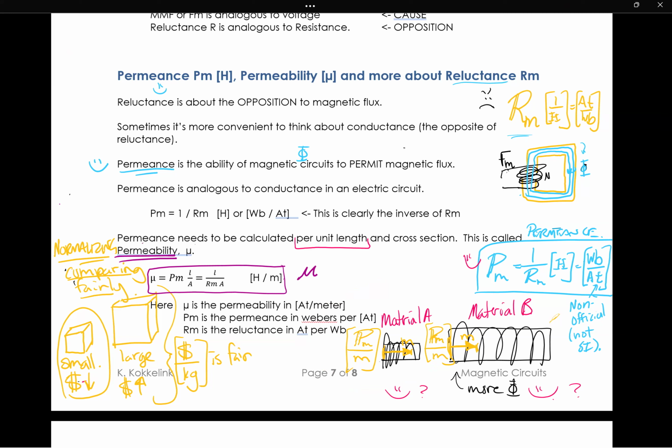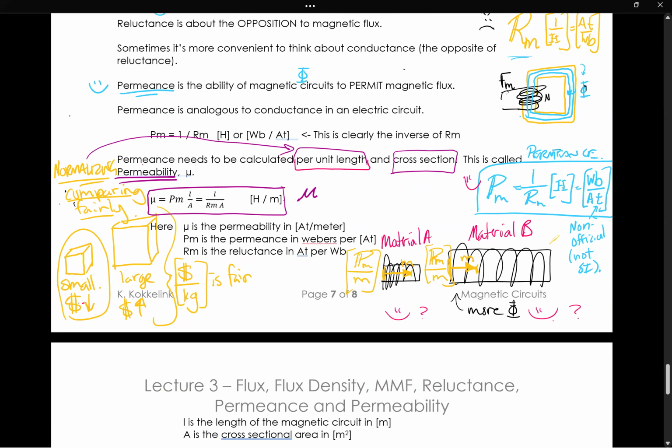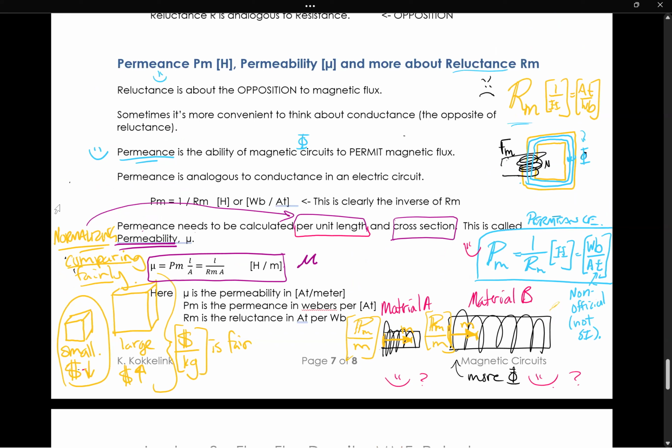Permeance needs to be calculated per unit length, which is normalizing, and per cross-sectional area.